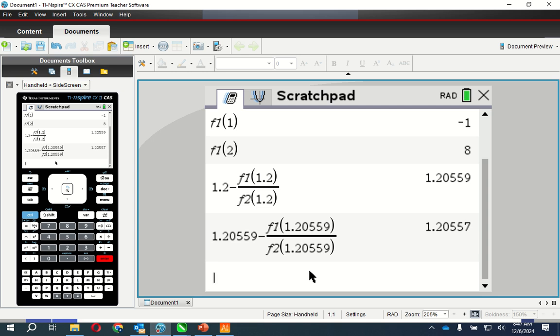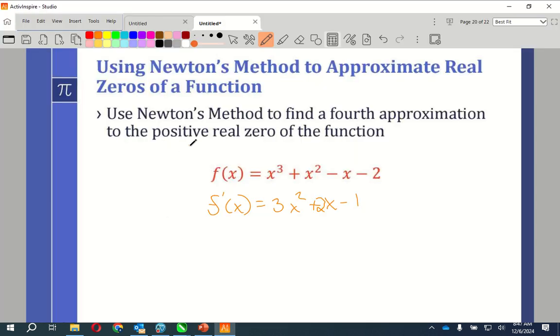And then I keep doing this, and it's asking for which one? Okay, find a fourth approximation to the positive real zero of the function.